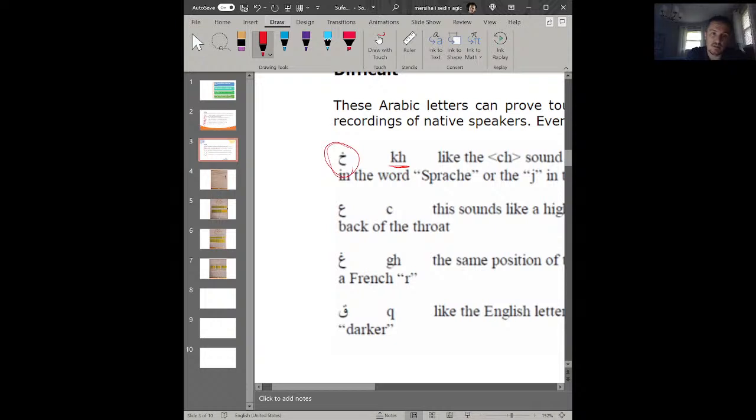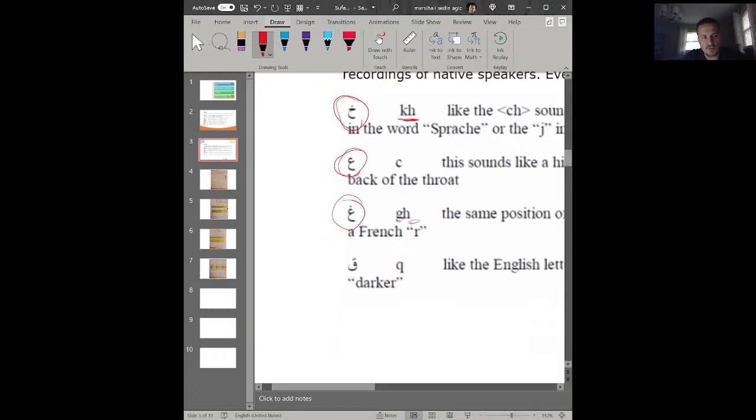And then we have ayn. For ayn, you need to squeeze your throat and then say ayn. And then gayn, the same thing. Instead of saying a regular g, you say gh here, as you can see, to make it a little bit closer to pronounce.